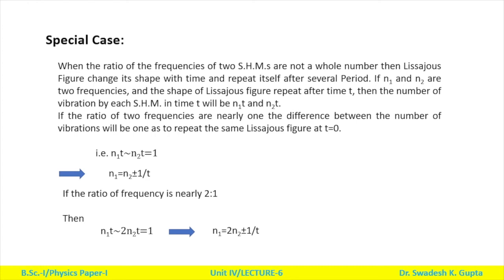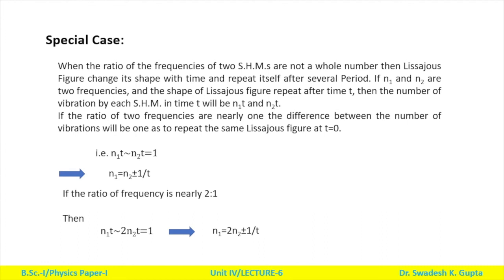So in that case, what will happen? The phase will be the same after that time, and then after the same period it will repeat itself and reach the same phase. So the Lissajous figure will change its shape with time and will repeat itself after several periods.